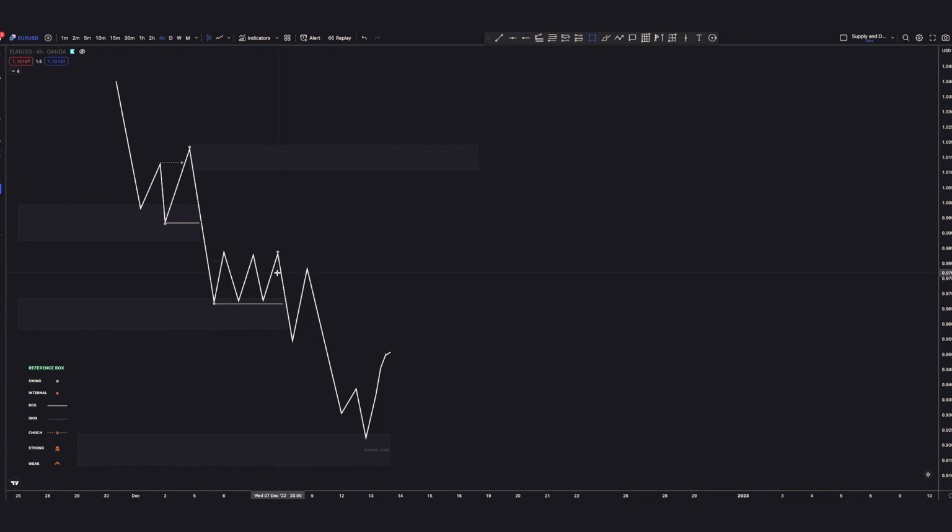So right now, every time price makes the push that breaks structure, we're going to be looking for the newest zones and points of interest. It's where the big orders were placed that caused price to break the structure. So here, we came to this demand, and we were ranging for all this time, collecting orders.